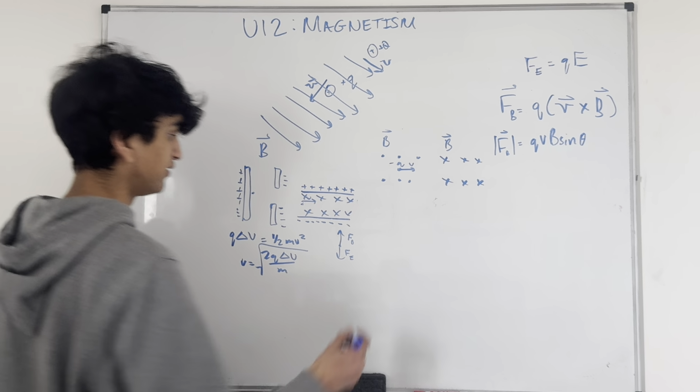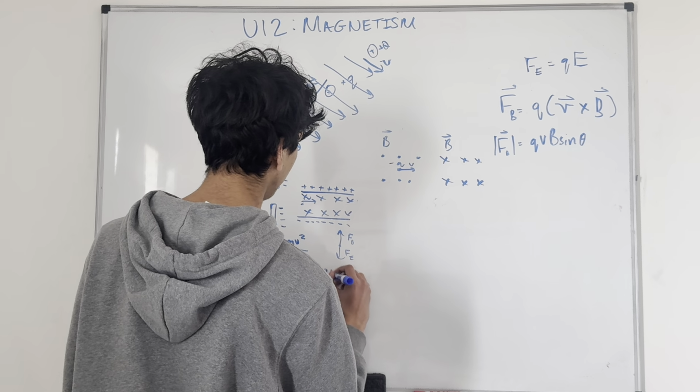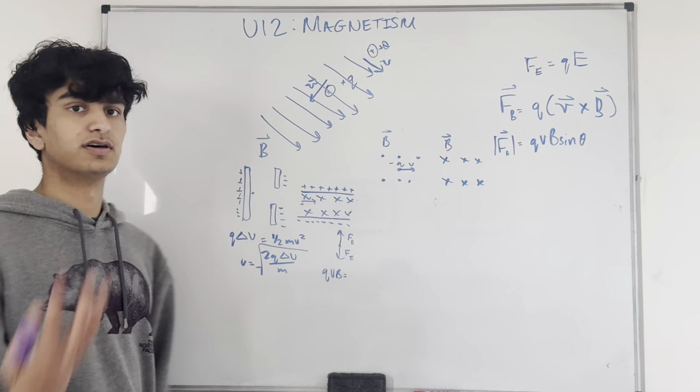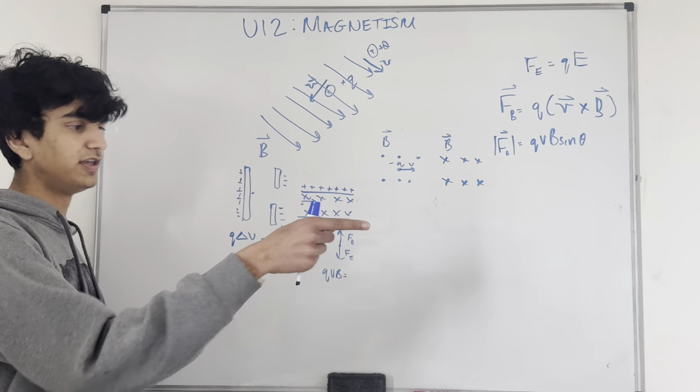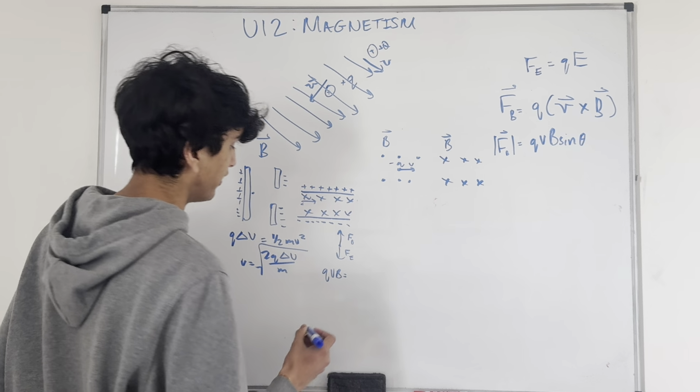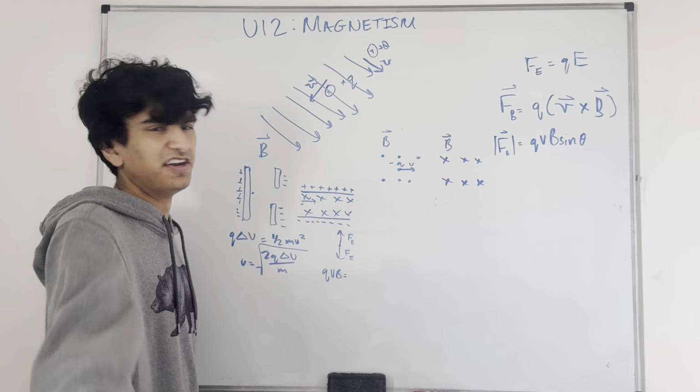In that case, FB is just QvB, right? No sine theta because the magnetic field and the velocity are perpendicular, so the angle between them is 90 degrees.